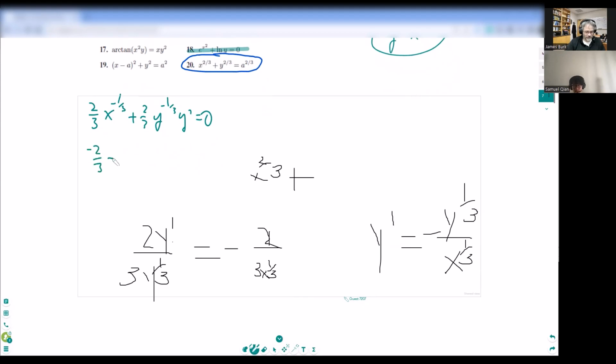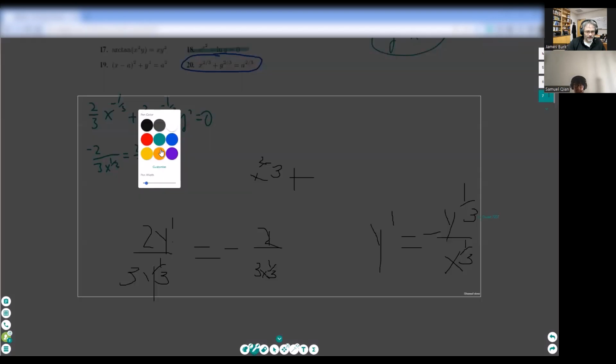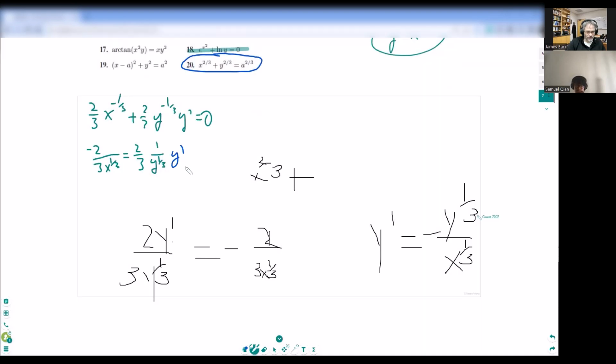Now you can keep it as a negative exponent, or you can drop it down and make it a positive exponent. It's usually a good idea to keep things positive in math and in real life. And here's your y prime now. So you multiply both sides. That's where the negative came into focus. This is where you got your x to the 1/3. You multiply it through, and there it is.